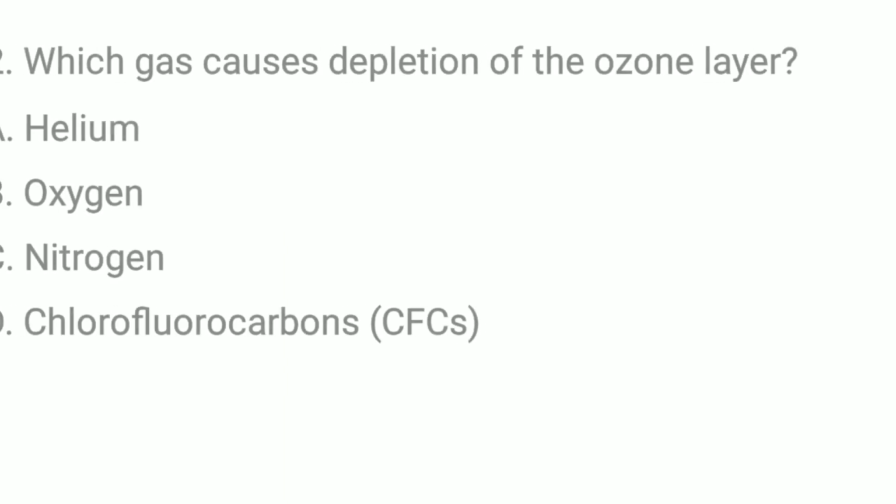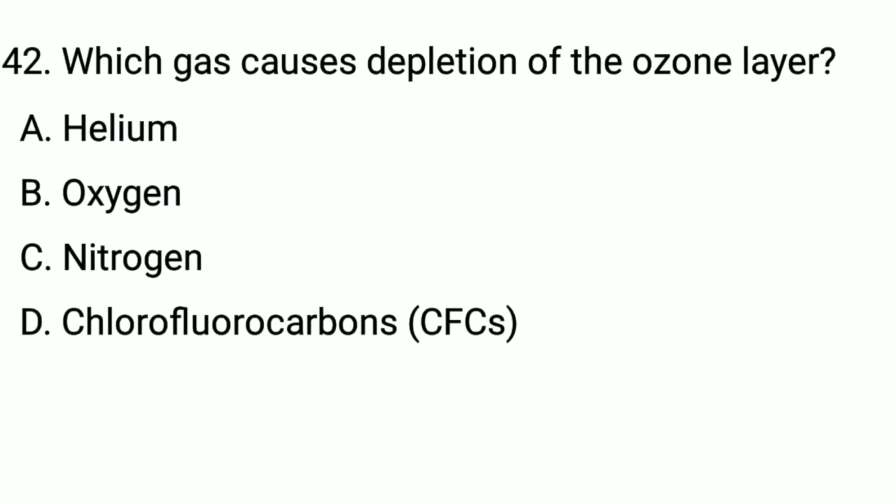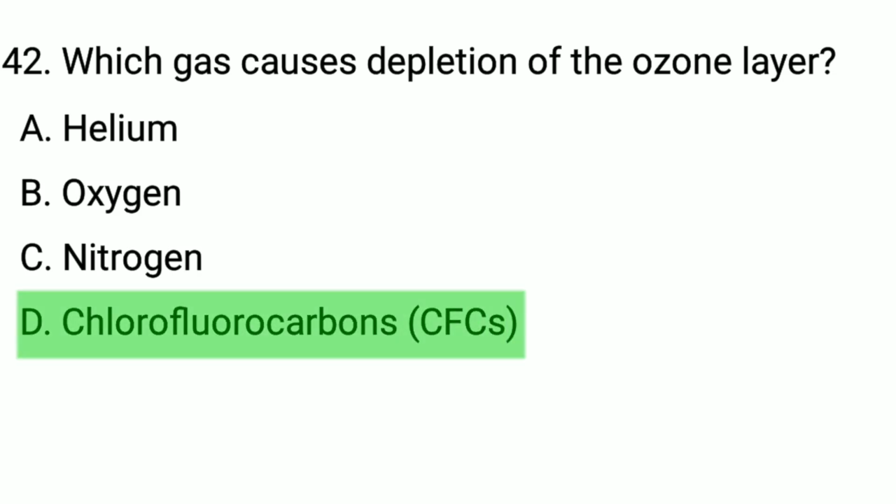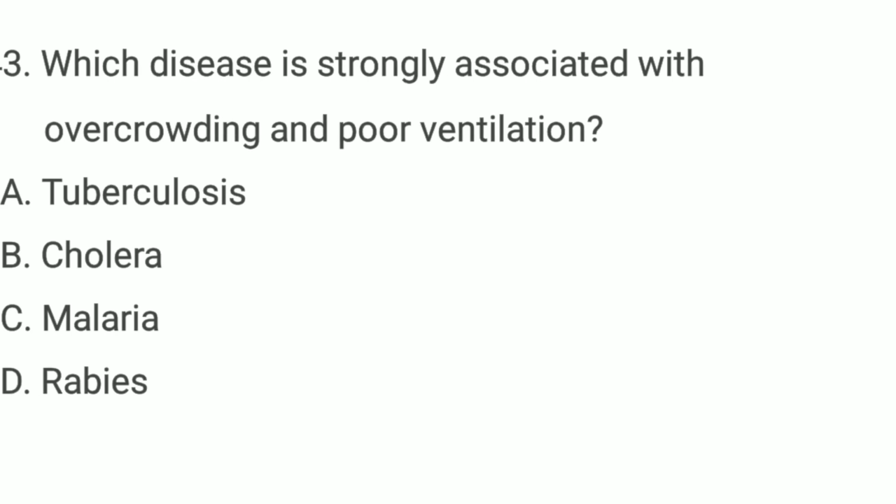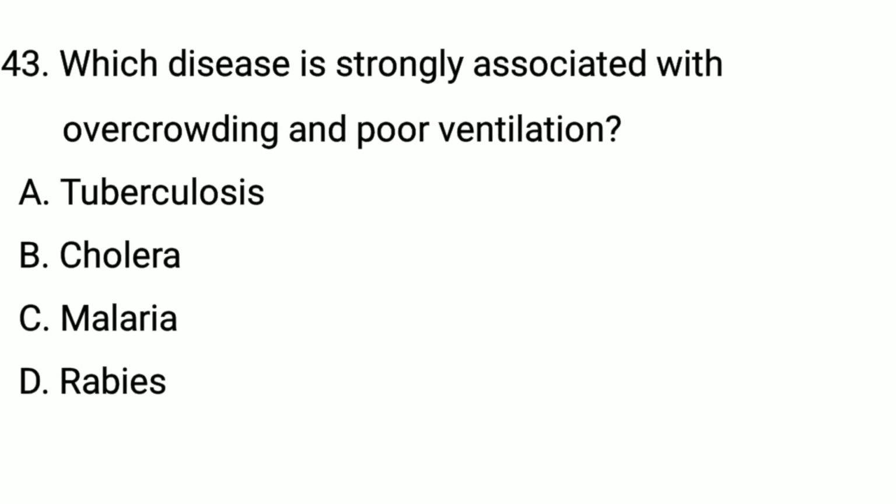Question number 42. Which gas causes depletion of the ozone layer? The right option is option D, chlorofluorocarbons. Question number 43. Which disease is strongly associated with overcrowding and poor ventilation?